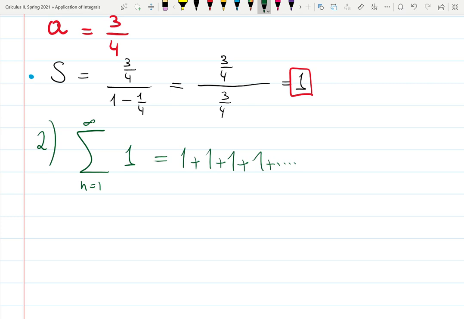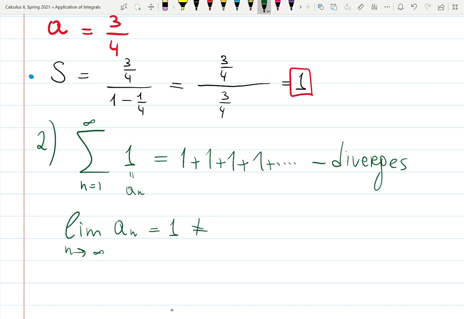Well, from many points of view, you can see that this series diverges. First of all, infinitely many ones added together definitely doesn't give you any finite number. Second of all, you can see that the limit of a sub n, which is 1, as n goes to infinity, is still 1, which is not 0.